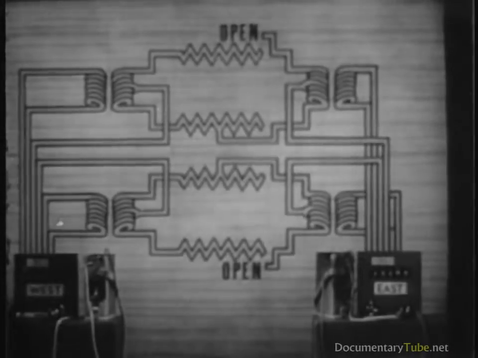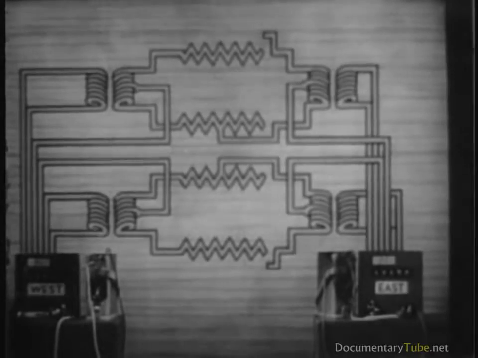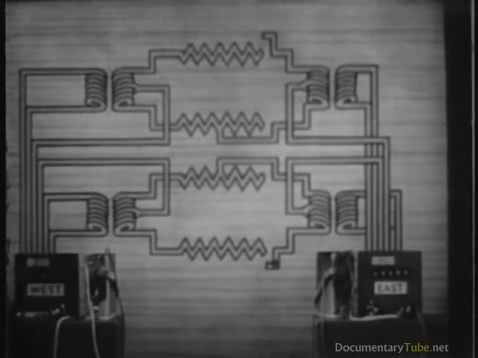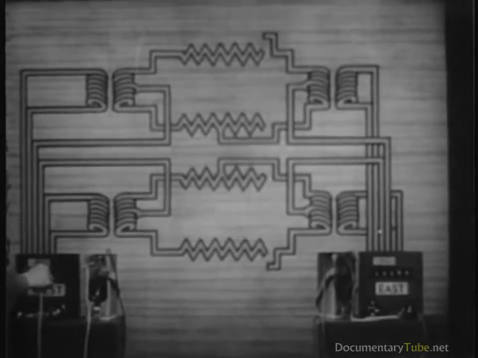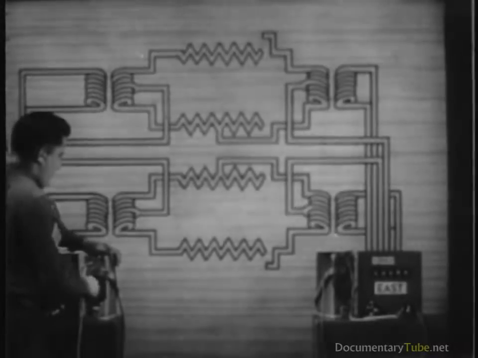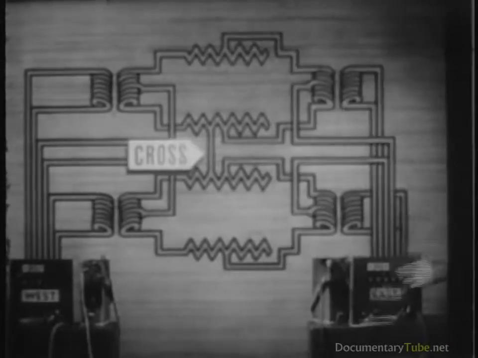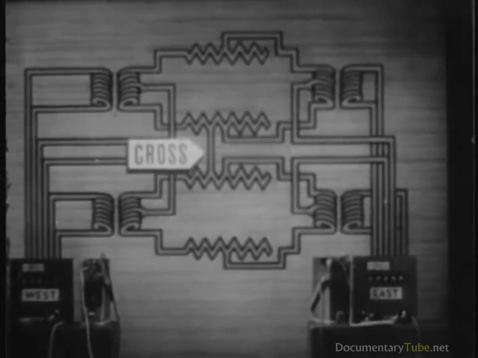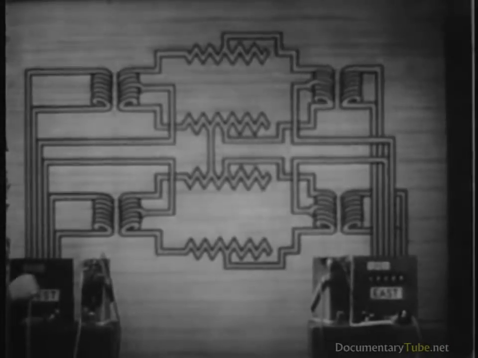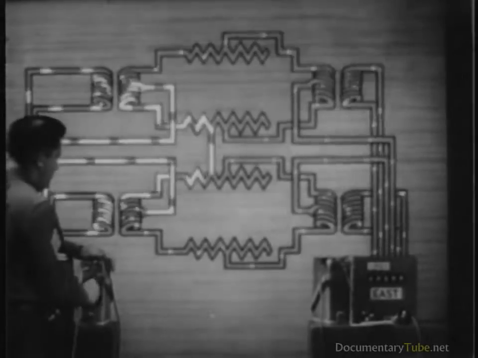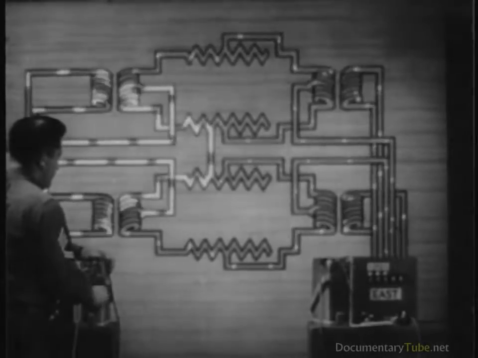When both side circuits are open, all 3 circuits interfere with each other. When the 2 side circuits are crossed, all 3 circuits interfere with each other, especially at the transmitting end.